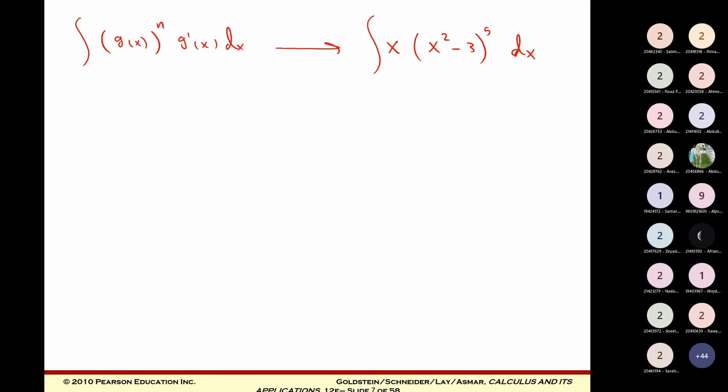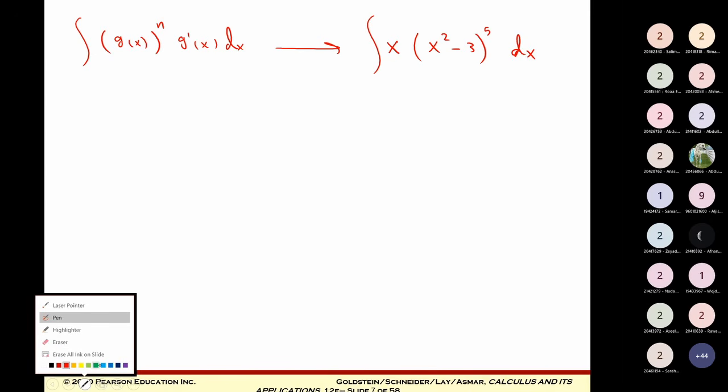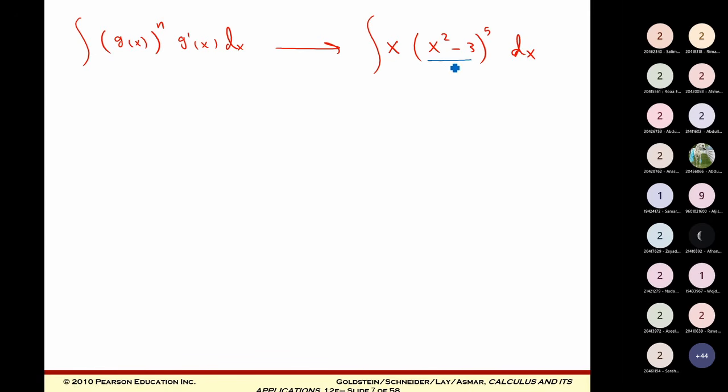So what do we use? We use the substitution, and we must let u equal x squared minus 3. So u equals x squared minus 3.